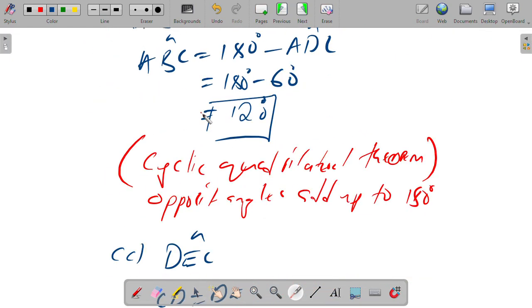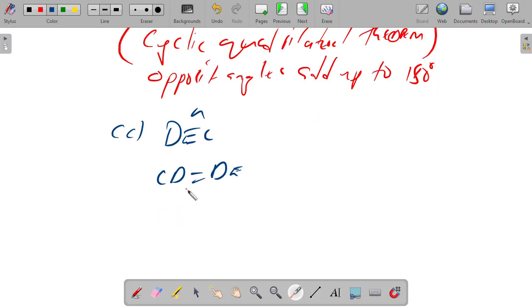Since CD and DE are equal, we can write here DCE is equal to 180 minus 120. What do we get?